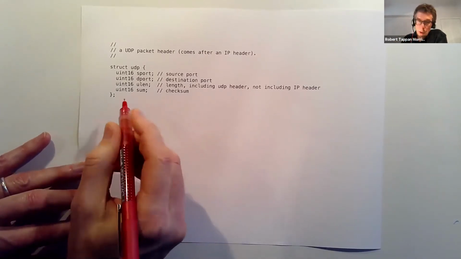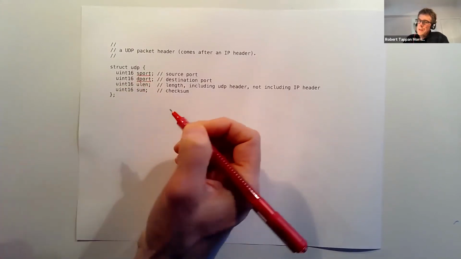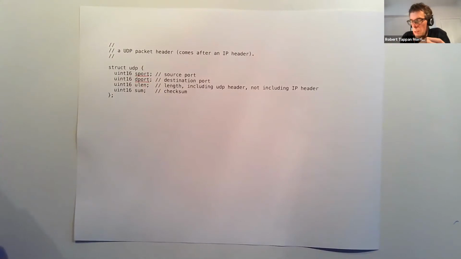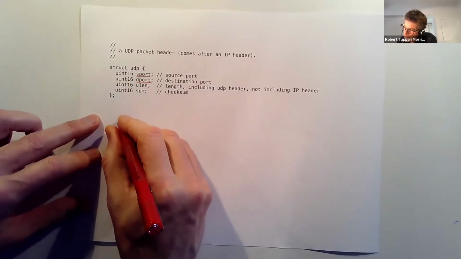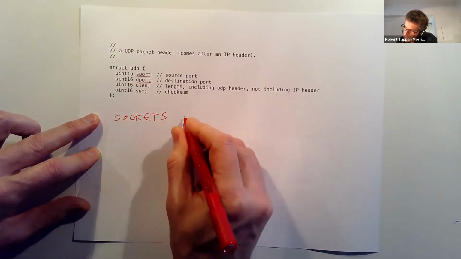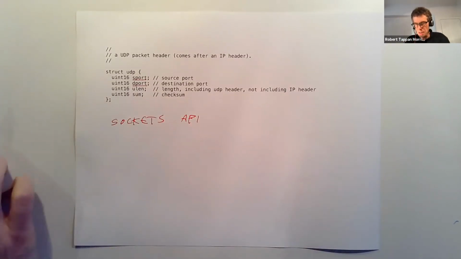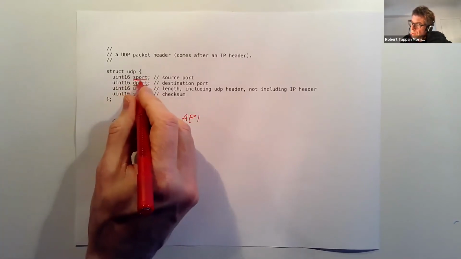For us, the critical fields are these two port numbers. And the game here is that when your application wants to send or receive packets, it uses what's called the sockets API on Unix at any rate. And this is a set of system calls whereby a process can say, look, I'm interested in packets addressed to a particular port.